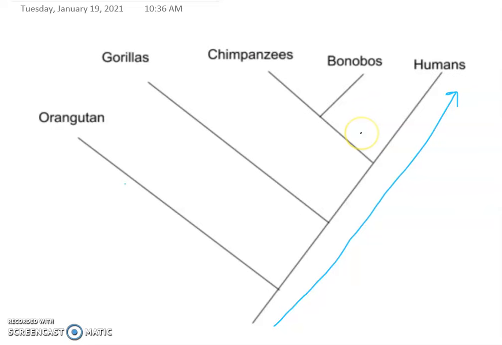So how you can study the relatedness of these is by looking at which ones share the most recent little node. A node is where these two lines meet. So this one's a node, this one is a node, this one is a node, this one is a node.